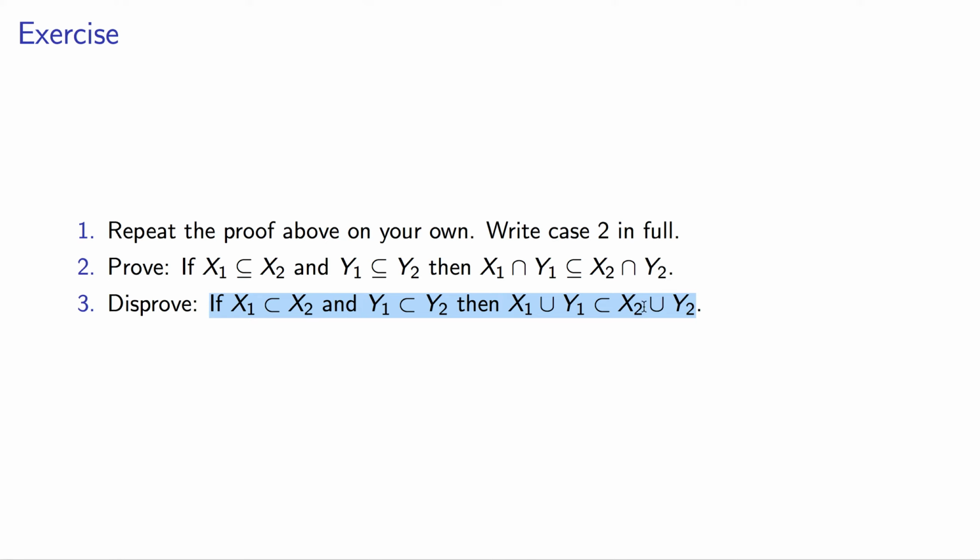For this, you need to find particular sets x1, x2, y1, y2, which make the antecedent true, but also such that the consequent of this implication becomes false. If you're still working on these exercises, please pause the video.